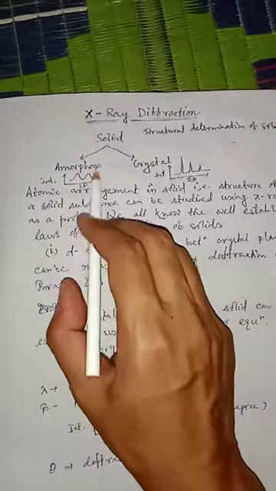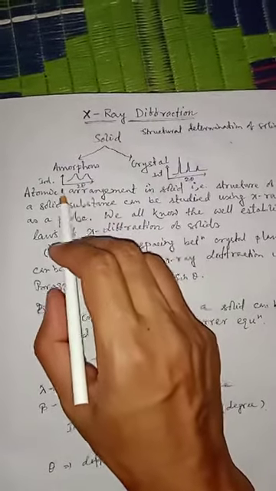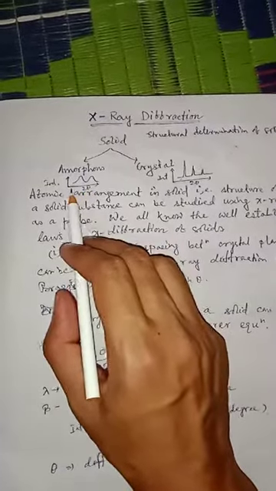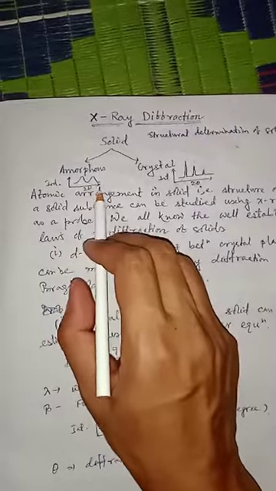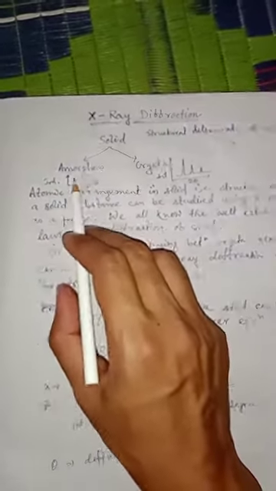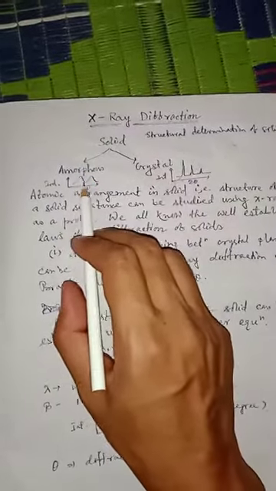If we do X-ray diffraction of any compound, then this compound will give a spectrum, and this spectrum is plotted against 2 theta on the x-axis and intensity on the y-axis. This is basically called the X-ray diffraction pattern.